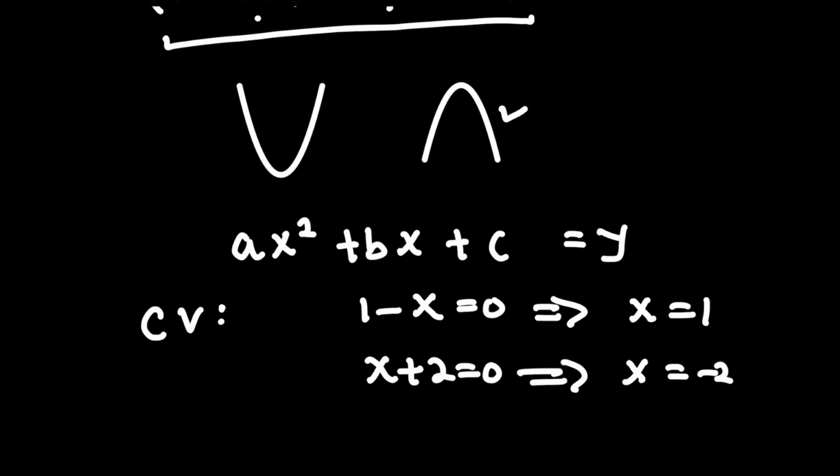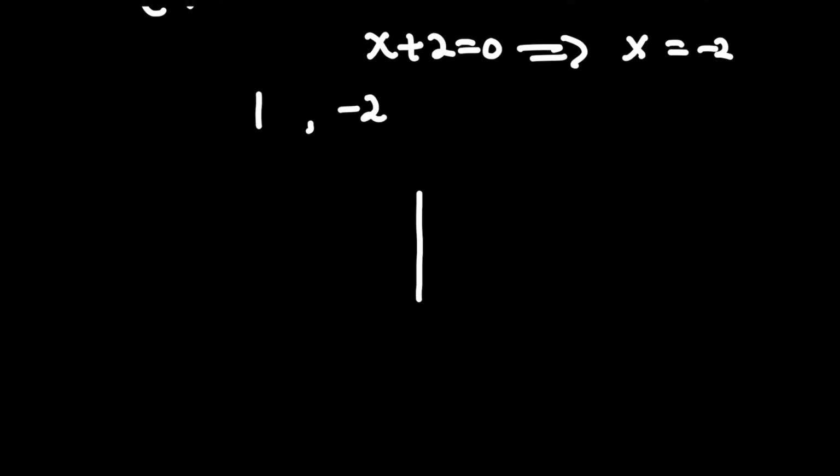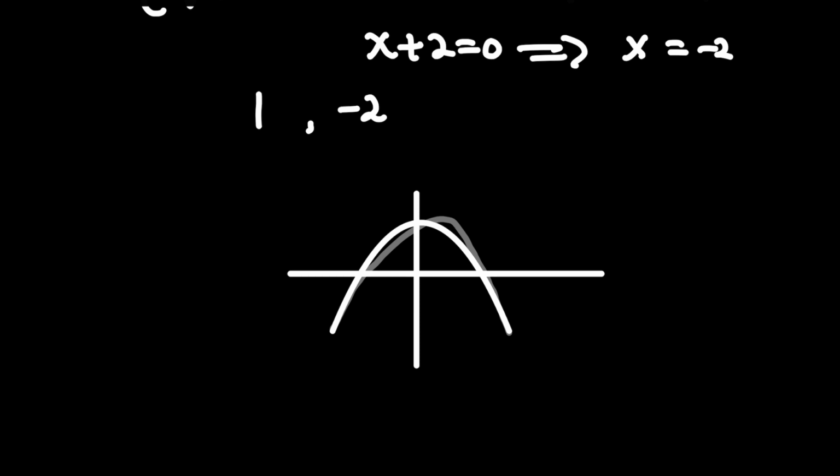So the critical values are 1 and minus 2. These constitute the roots of the parabolic function, so our parabola is going to look something like this. It's not drawn to scale. So here it's minus 2, here it's 1.